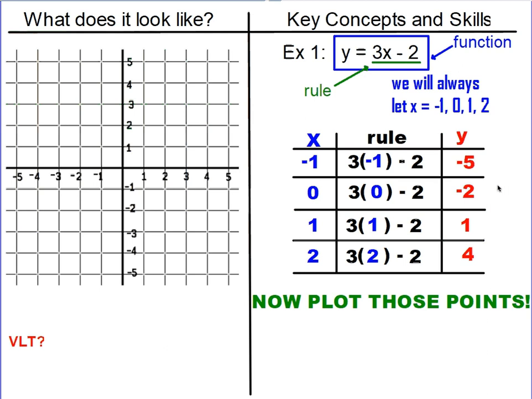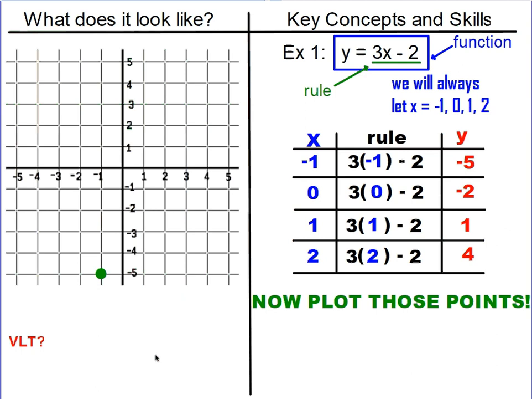So now that you have those values in there, if you need to pause, you can double check, see how you get those answers. We now have to plot those points. So please remember how to plot those points. So it makes an ordered pair like this. So our first ordered pair is going to be -1, -5. And so we're going to go left 1 and then down 5.